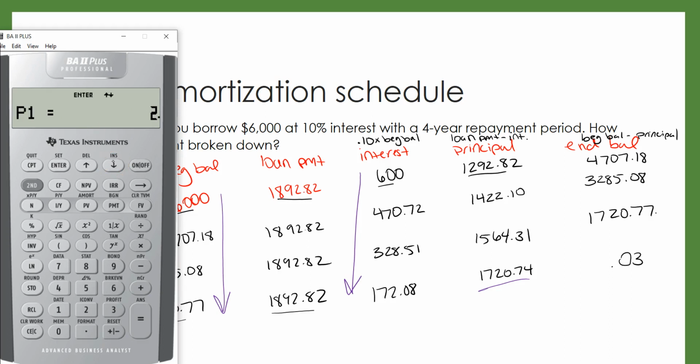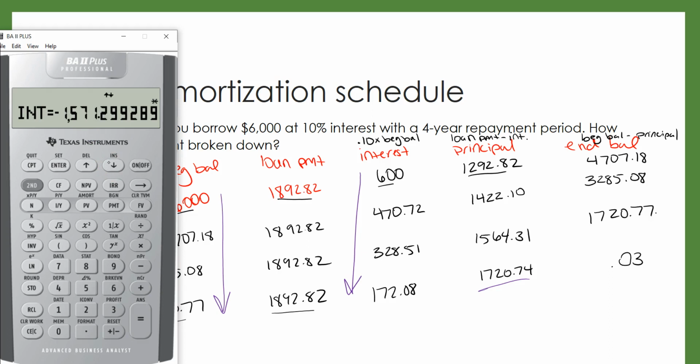Now the nice thing with this function is that you can see what happens over the entire life of the loan. So we can see what happens from the beginning of year 1 to the end of year 4. Our balance is 0. We've paid this loan off. We've paid $6,000 in principal.